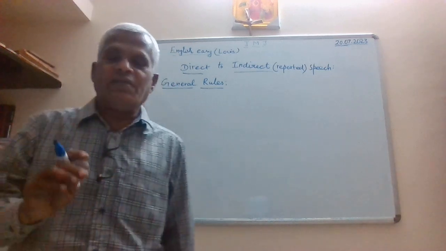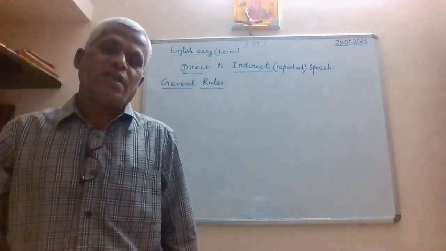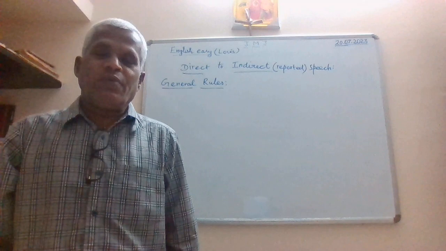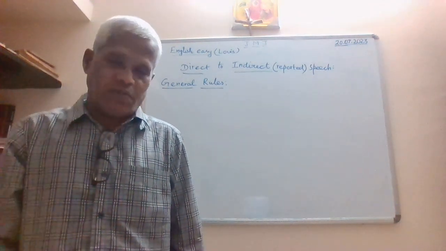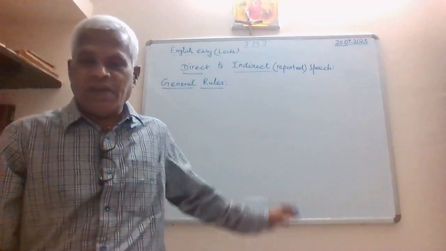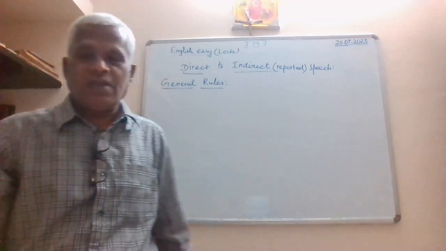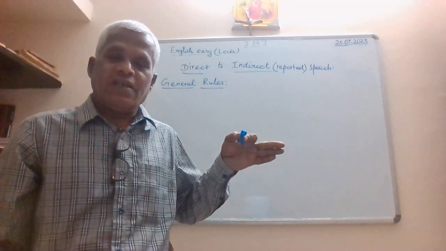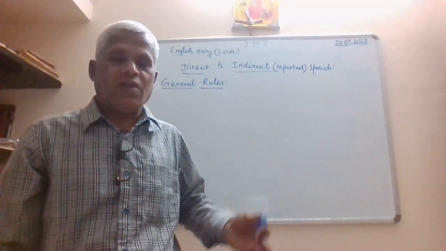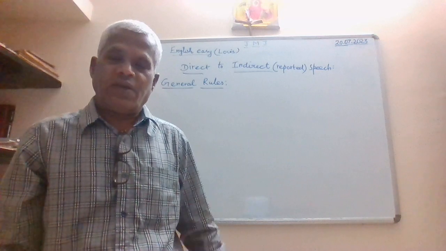Now, first thing that we need to understand in this general rule is the reporting verb. Okay, now what is this reporting verb? If I write a sentence on the board, immediately you will understand that it is a statement or an interrogative or imperative or exclamatory.